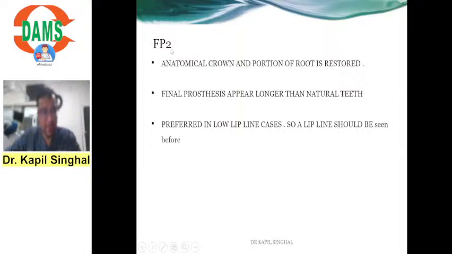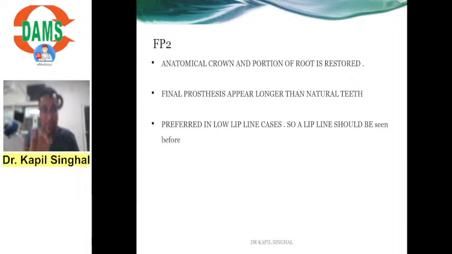Now next is FP2. FP2 is, as I told you, when the prosthesis is bigger, longer, and is completely made up of white ceramic. Patients in which you're planning to give an FP2 kind of prosthesis should not have a high lip line. High lip line means when the patient smiles, the gums are visible. These are not the patients that are suitable for FP2 type of prosthesis.